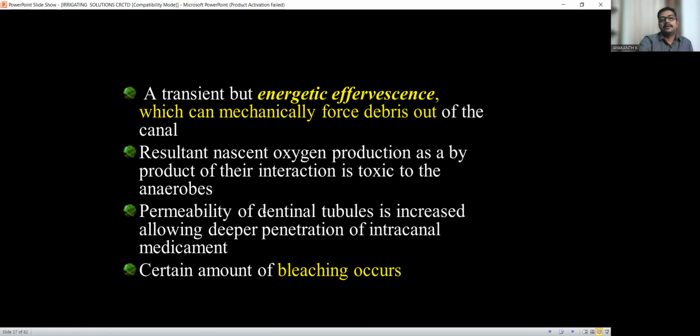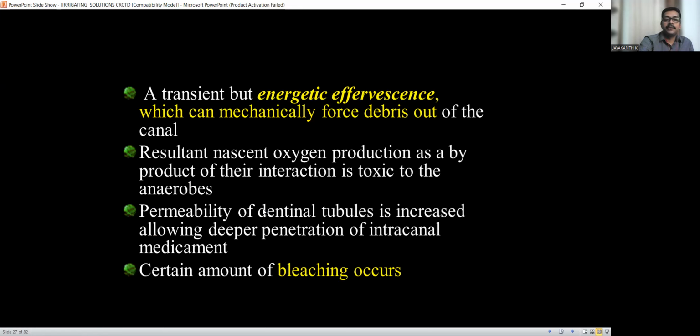So this irrigant produces a transient but energetic effervescence, which can mechanically force debris out of the canal. Basically, this is its highly beneficial property, which we expect from hydrogen peroxide. The resultant nascent oxygen production as a byproduct of their interaction is toxic to the anaerobes.